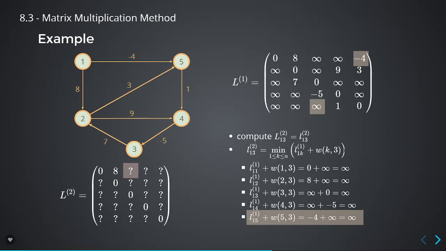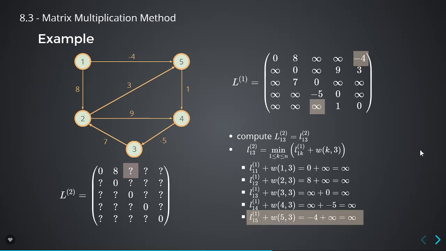But if you look at the graph here, there is no way you can get from 1 to 3 using only 2 edges. So all of that is going to be infinity, right? Well, at least one side is going to be infinity. So I guess that is not an interesting example at all. We're going to move forward, I guess.